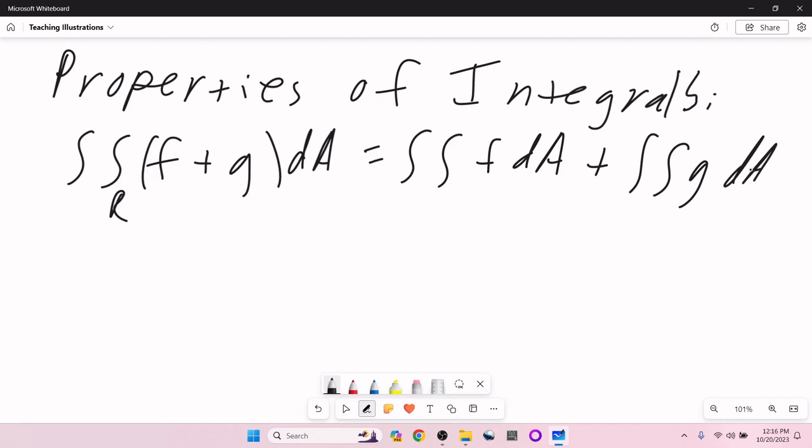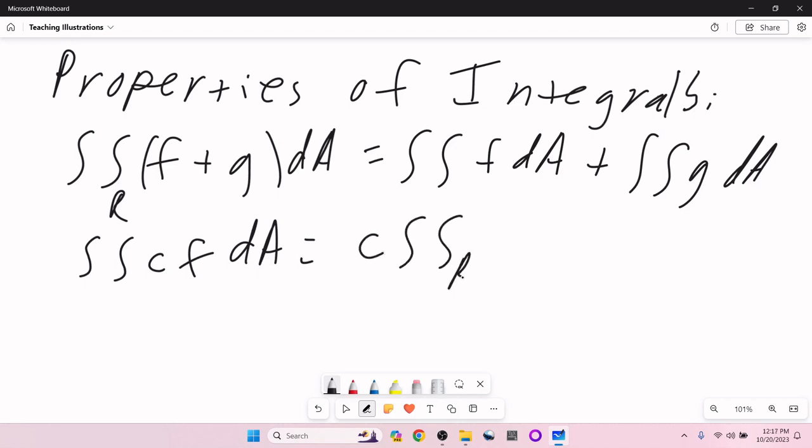You know, a lot of these are the same as the rules for one variable integrals. And the constant multiple rule, if we have a constant times f dA, we can move the constant all the way out, same region, of f dA.